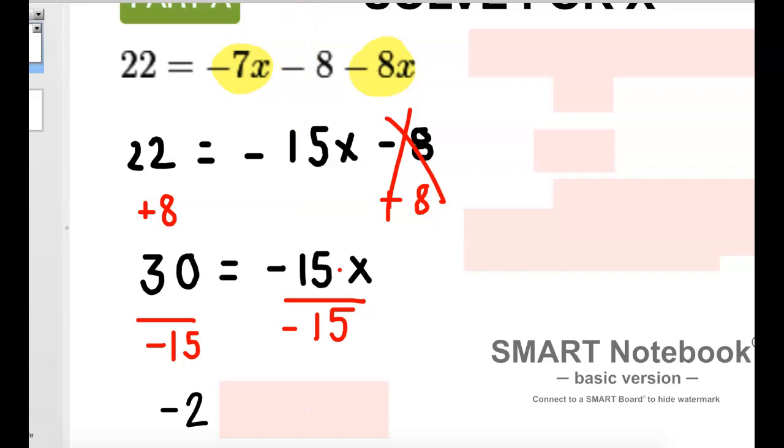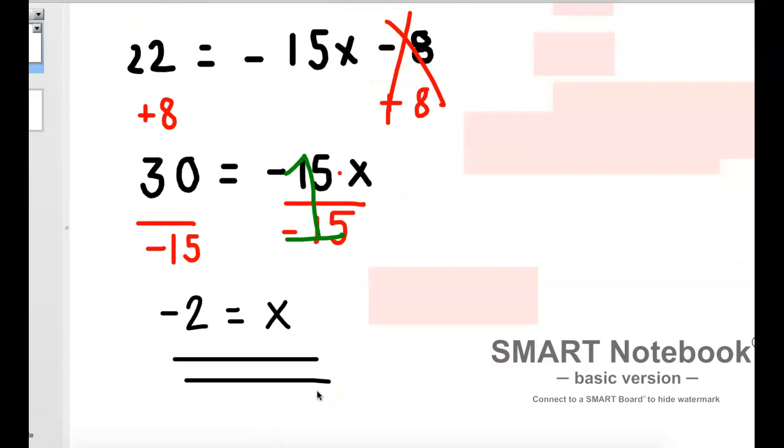And then remember, on the right-hand side, any number divided by itself just makes a big 1. So negative 15 divided by negative 15 turns into a giant 1. And so now we have negative 2 is equal to 1x. But remember, when we're writing 1x, we don't have to put that coefficient of 1 in front of the x. So now we have negative 2 is equal to x. And now we're done because we successfully isolated the variable. So we've got x on one side of the equation by itself.